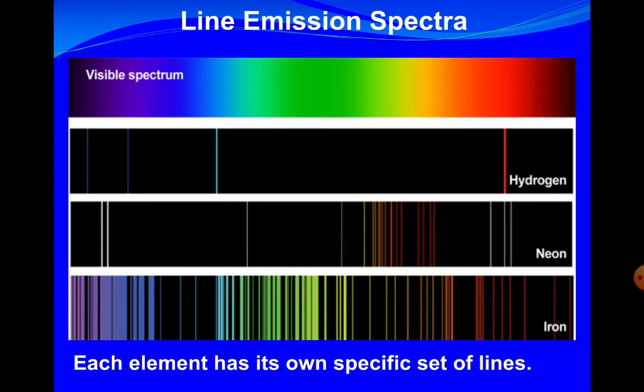Remember, when we look at the electron configurations of the elements, they have energy levels in orbitals, and they can get excited and then fall back. When there are more electrons around the nucleus, there are more possibilities, but there will never be a continuous visual spectrum. Each element has its own specific set of lines, and this is what we call the line emission spectra.